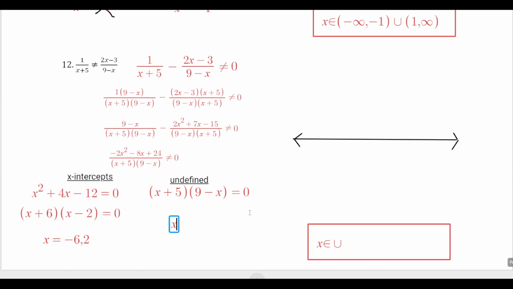I mean, just for the sake of doing it, I suppose, you can say that x could be negative 5, or x is going to be 9. But we're just wondering, hey, where is this not 0? And it's definitely not 0 here, so we don't really care about those. We're going to say it's not 0 everywhere except where it's 0. So we're going to say x can be anything except for negative 6 or 2. So those are really the only two numbers that matter here. We don't even need these.